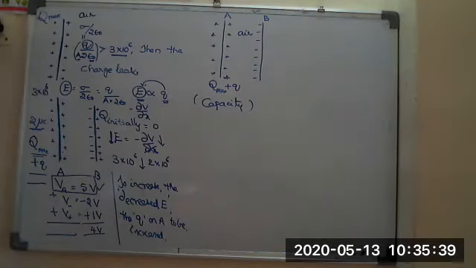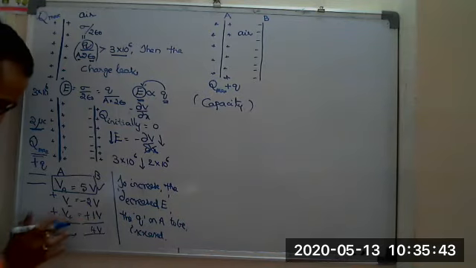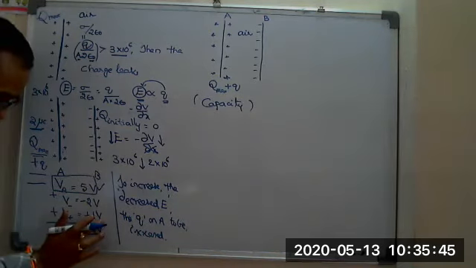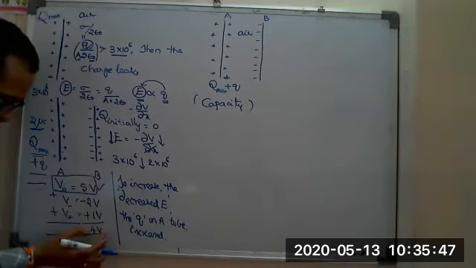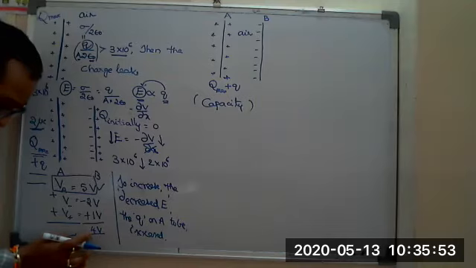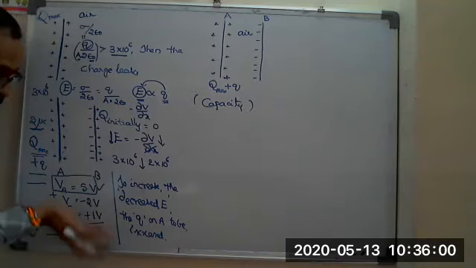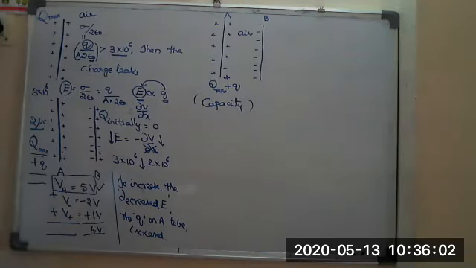For that, think logically: if there is no plus 1 volt, then the potential would have decreased to not 4, actually 3. If the potential is less, then I can add further more charge. That logic I am following here.